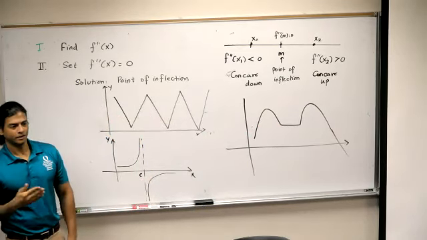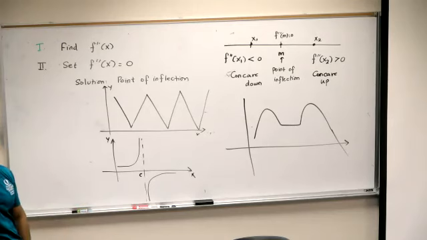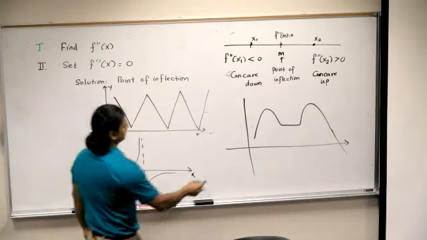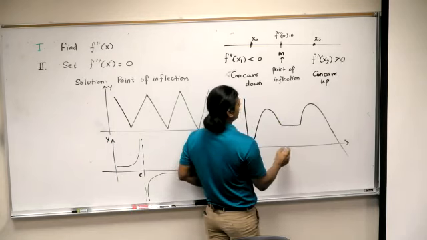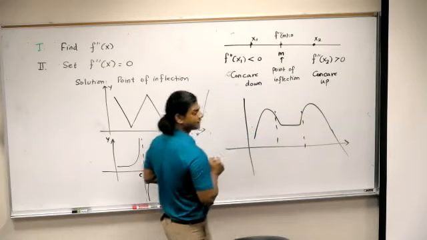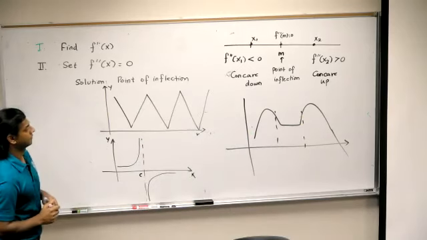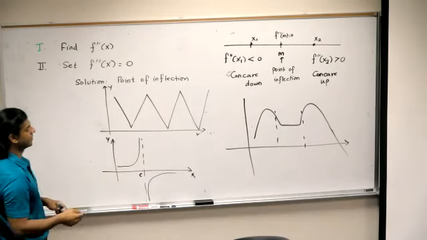So, where did the concavity change? Or did it change? Right here somewhere, correct. So the concavity perhaps changed there and there. Can it change in two places? Yes, it has to make a test change.